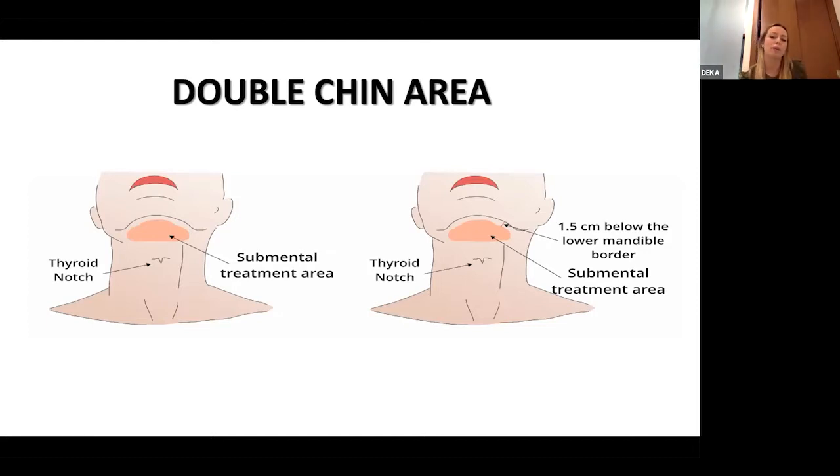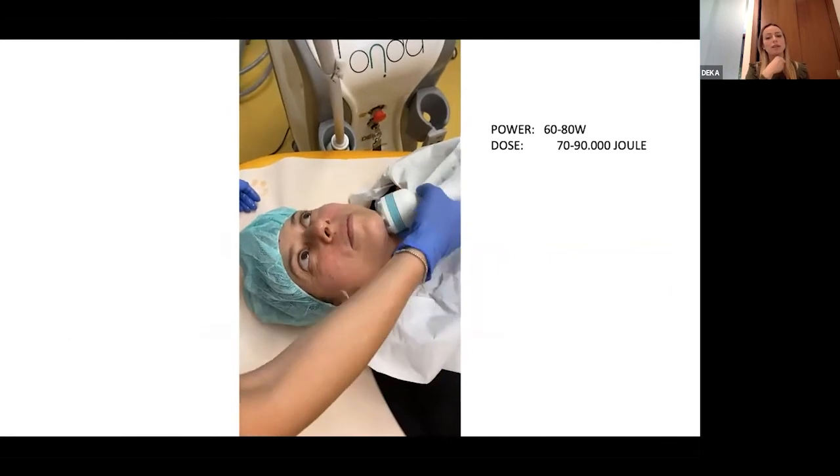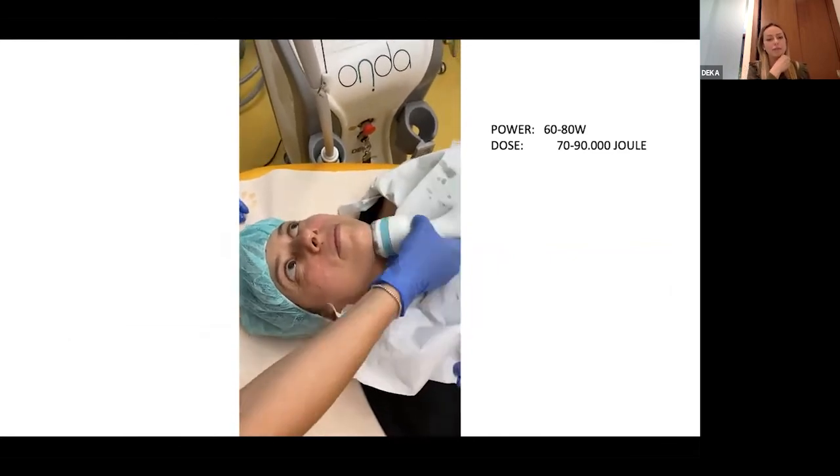Be careful and remember that the handpiece has the cooling system and it has more or less 1 centimeter of diameter. So from this area, the energy cannot deliver microwaves. For example, from this video, you can see that my movement is a little bit wider.